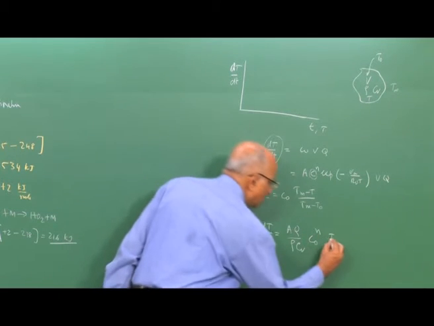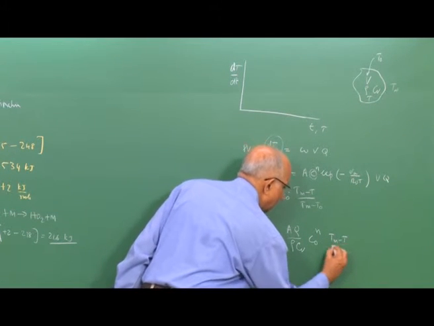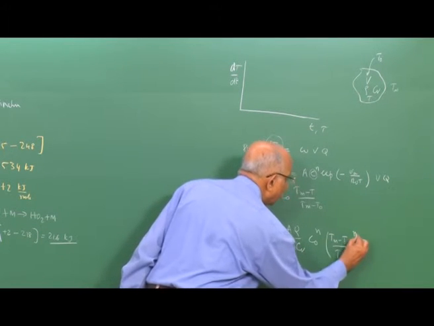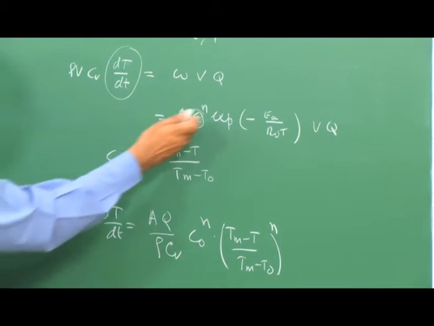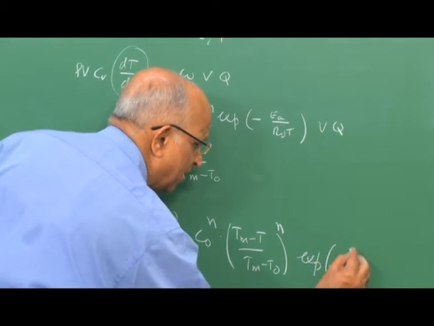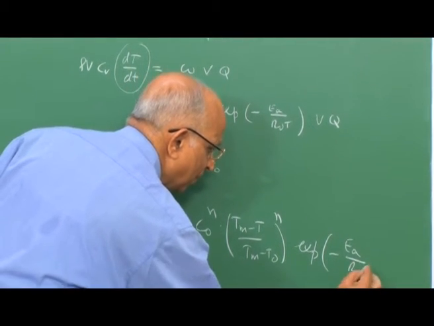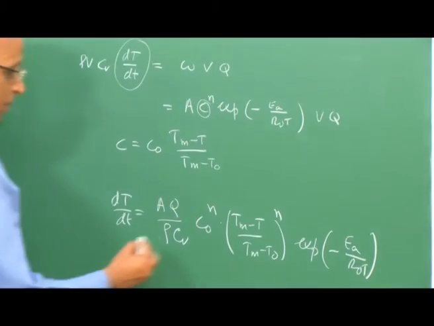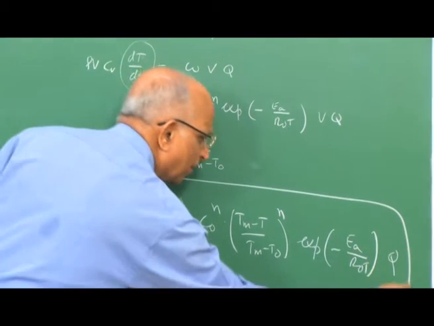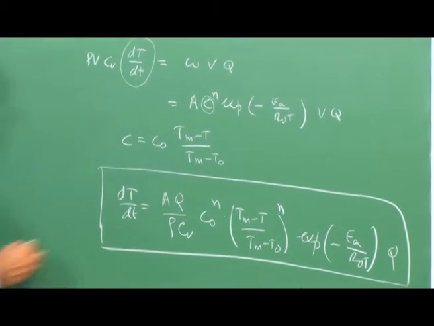This is equal to Tm minus T divided by Tm minus T0 to the power n, A C0 into the exponential term minus Ea by R0 T, into the value of Q over here. Well, this gives me the expression for the rate of temperature increase.